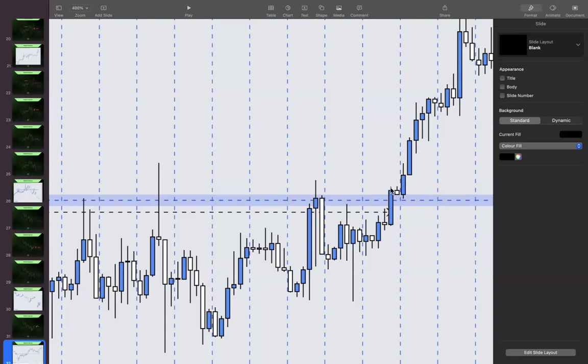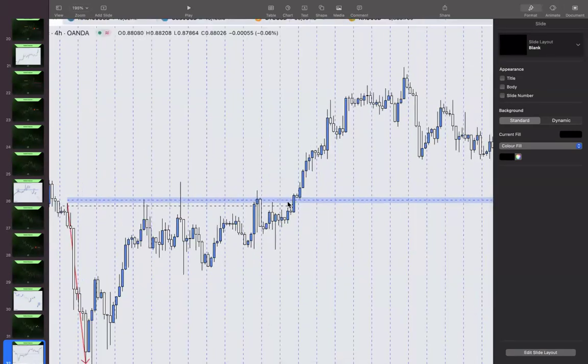This one broke out and a new candle opened, formed, and closed above the beginning of this rectangle over here. So just with that, we can see that price has now shifted to the upside. We are now in bullish territory. It took a very long time to get there, but it eventually happened.